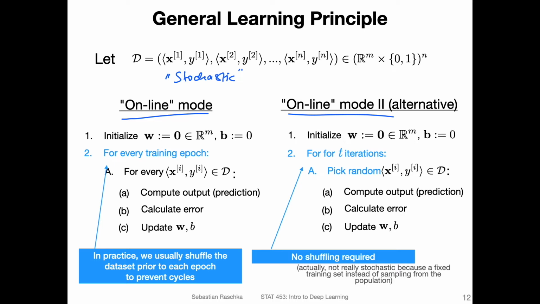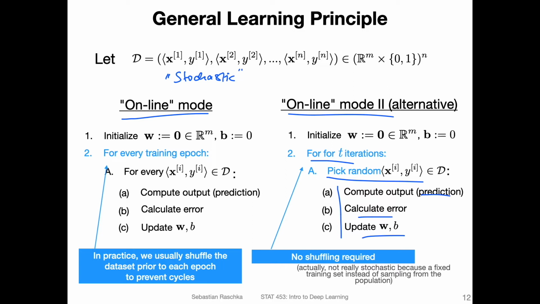So here the difference is really that you don't iterate over the epochs. You just say for a given number of iterations, you do the updates. So for a given number of iterations, you pick at random some data point from the data set, and then you proceed with computing the prediction, the error, and the update.